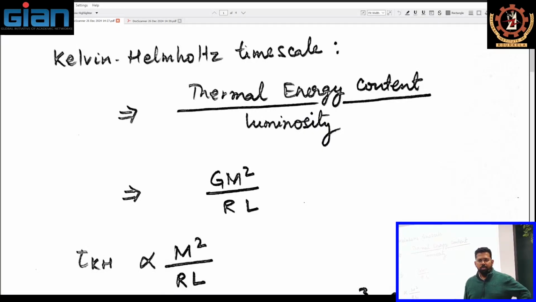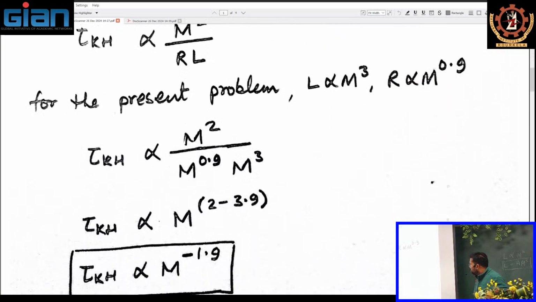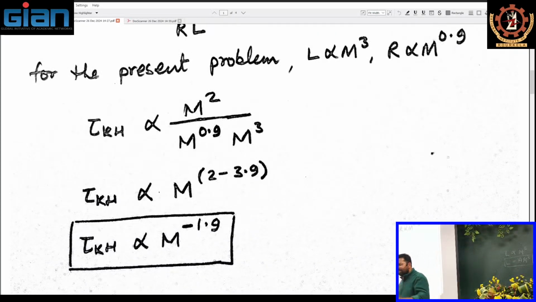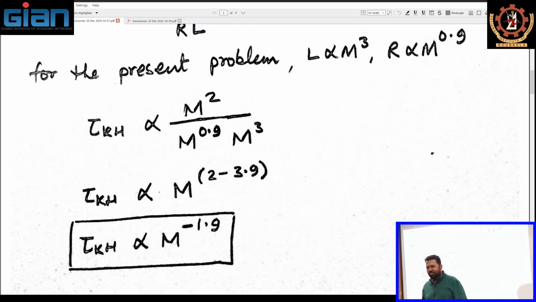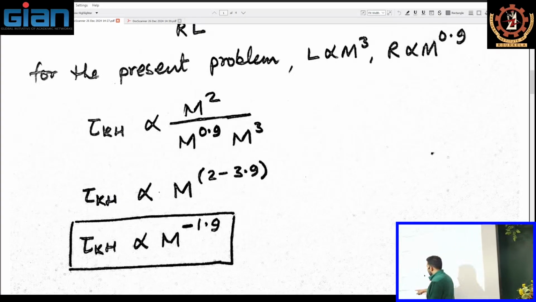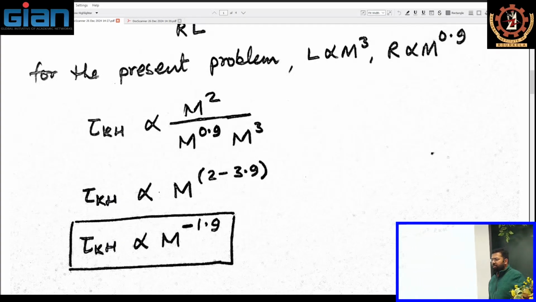What value are you getting? Okay, let me see. Can you check whether I am correct or incorrect? It's fine. So the Kelvin-Helmholtz time scale dependence is M to the power minus 1.9, close to M to the power minus 2. So if the mass of the star is more, what will happen to the Kelvin-Helmholtz time scale?